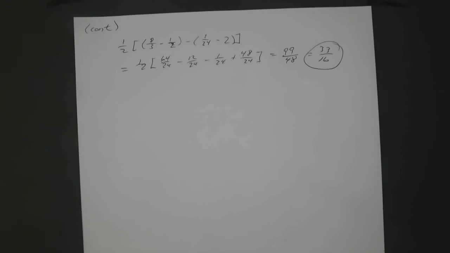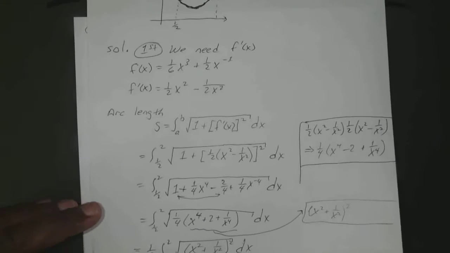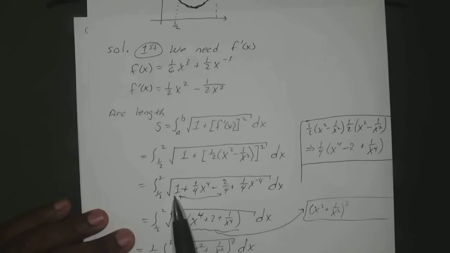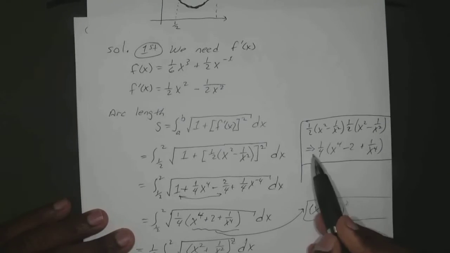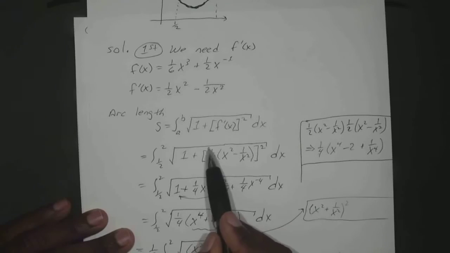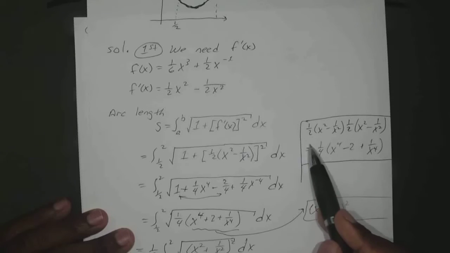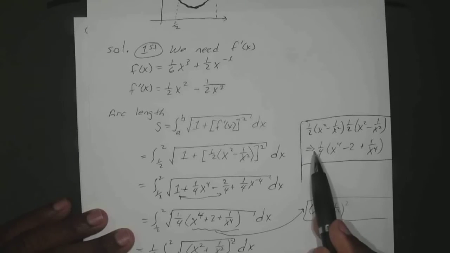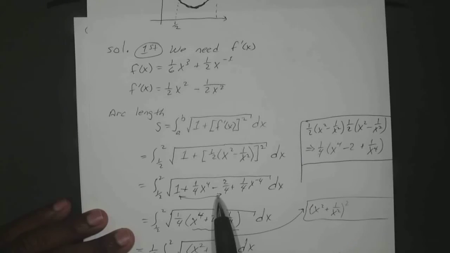You talking about this step here? Yeah. Oh, that came from this 1/4 here. So you have 1 plus all of this squared. All I did was just square it and distribute that out.